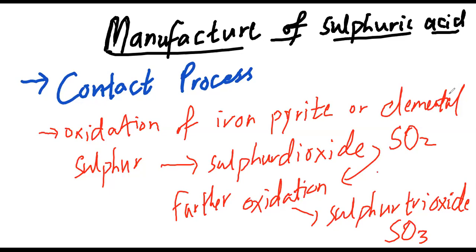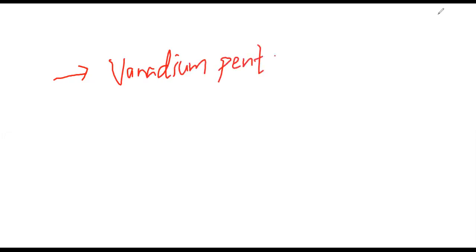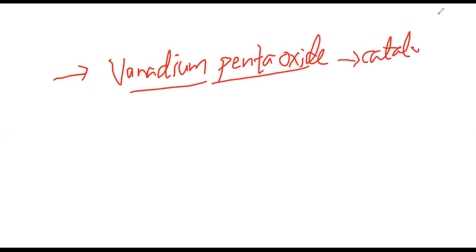Then the impurities are removed in that contact chamber, using vanadium pentoxide. This is the catalyst we use to remove the impurities.